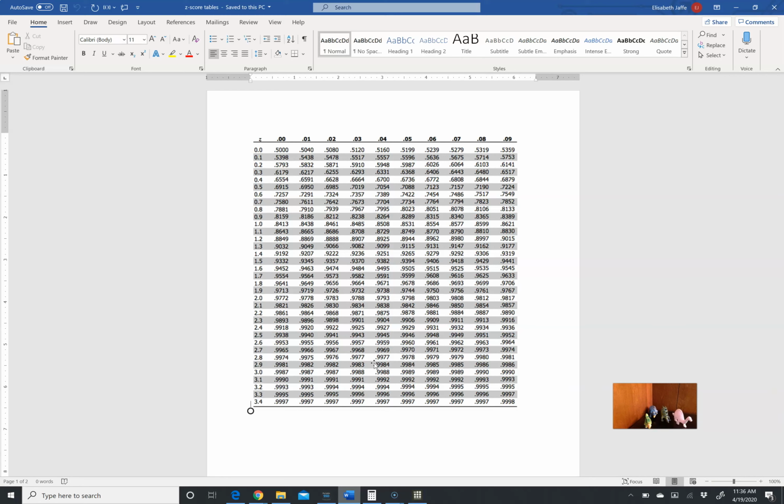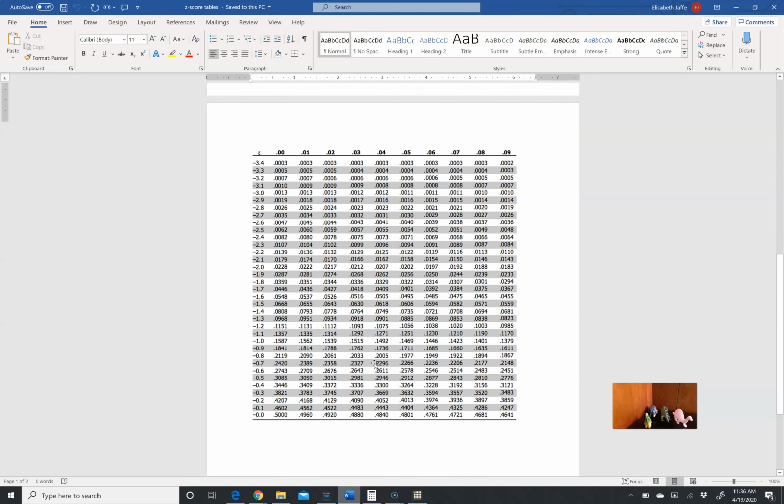And I'm just writing that down, that we know we're to the left, which really means below the mean, because our area is less than 0.5. Okay, which means that our z-scores are going to be negative.